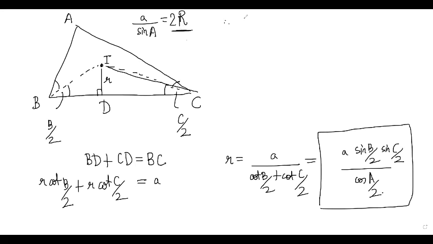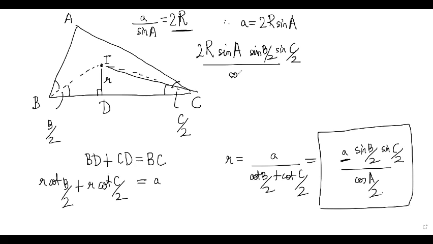Therefore A is equal to 2R sine A. So I will put that here. What you will get is 2 capital R sine A and then sine B by 2 sine C by 2 divided by cos A by 2, right? And then the sine A double angle formula is equal to 2 sine A by 2 cos A by 2.